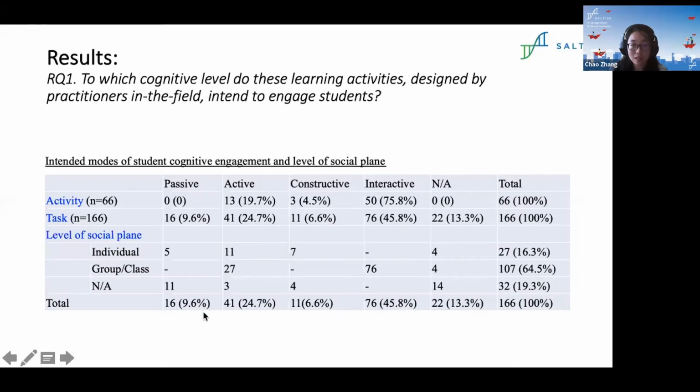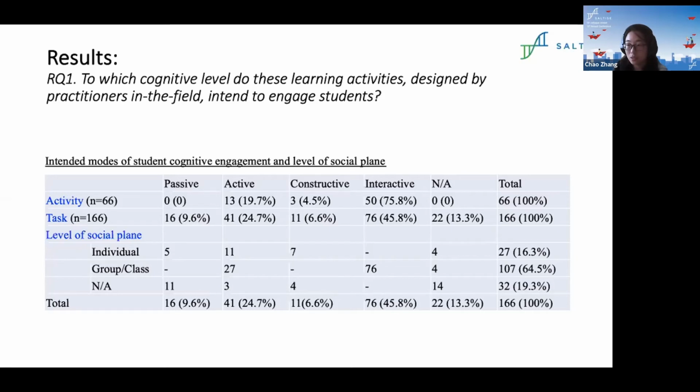As we can see here, the majority of them are based on groups, and some of them fall under the class. If it's coded as individual, clearly there's no interactive component. Either students are alone doing this at a more active or constructive level, but not sharing with other peers.